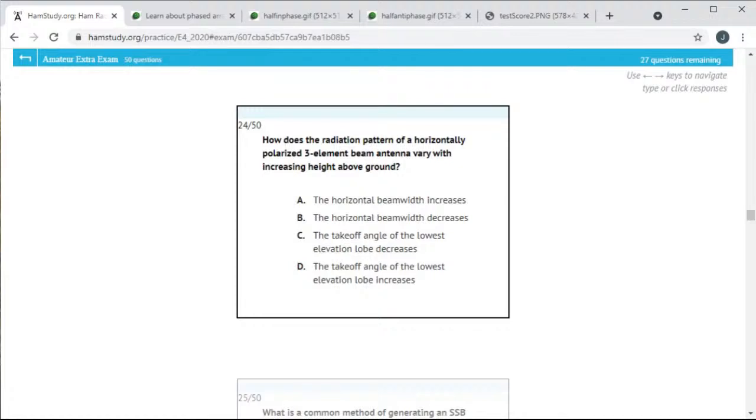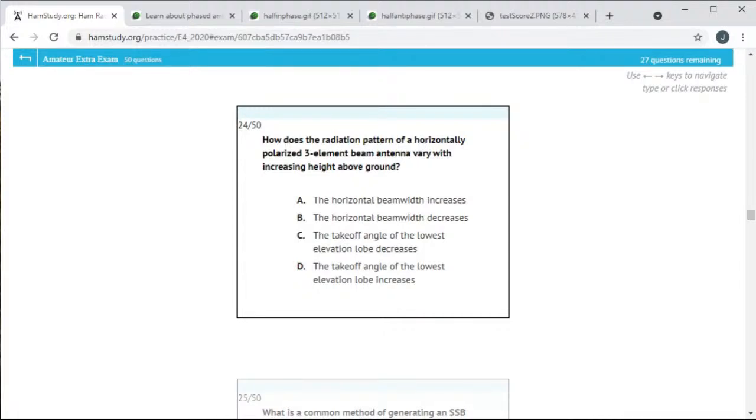So with a standard dipole, as you raise it, the takeoff angle of the lobe decreases, I believe, because the inverse is when you lower the dipole.